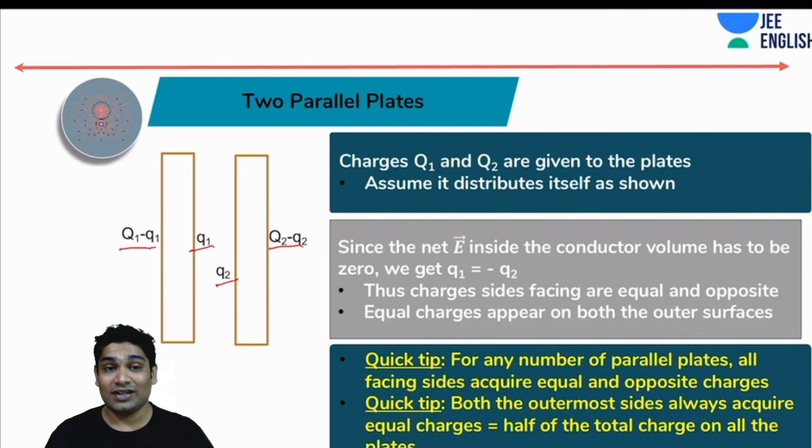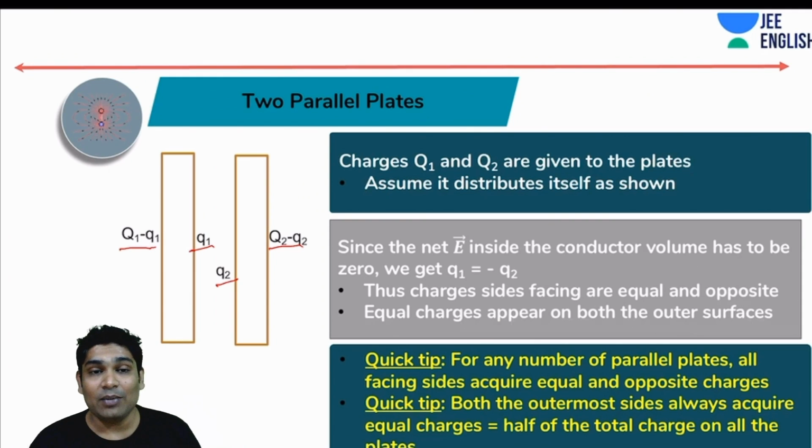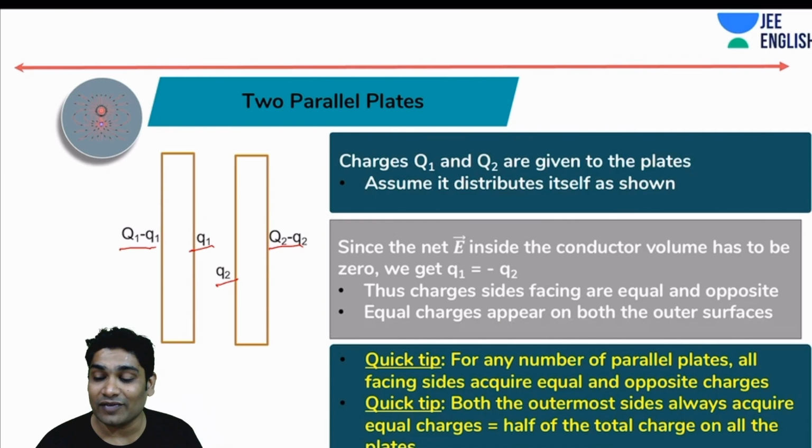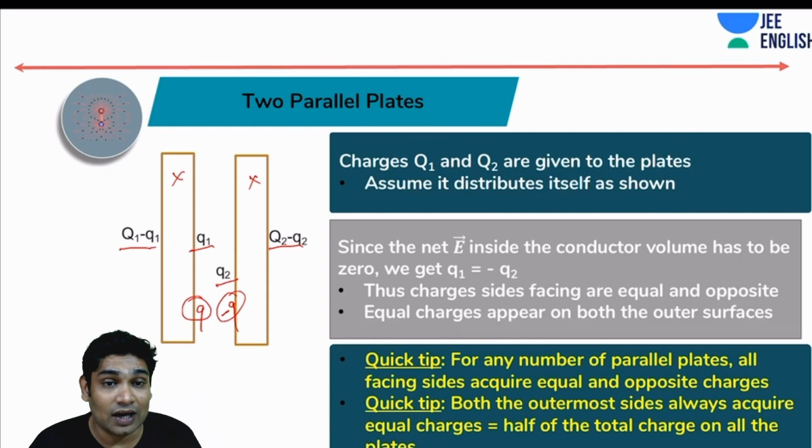Now all I need to do is find out the charge distribution. My approach here will be one condition that is very important, which is that the electric field inside the conductor is zero. Using that, I will get the result that whatever charge one face of this sheet has, the facing side will take up an equal and opposite charge. Right?